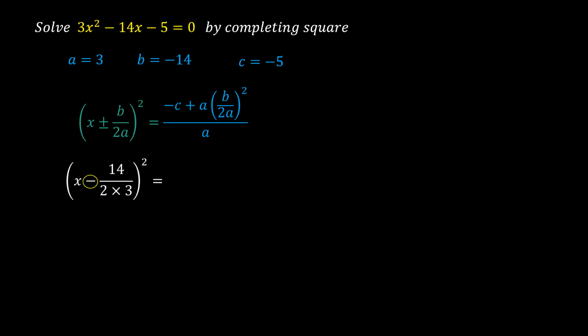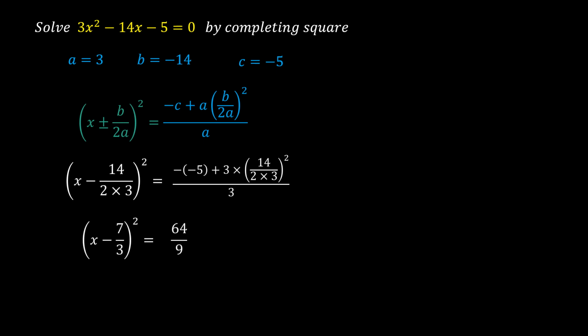On the right side, I put negative here since the first sign is negative, so you should put the first sign directly. After substitution, it is negative c, which is negative negative 5, plus 3 times (14 over 2 times 3)² over 3. Now if I calculate, the right side is 64 over 9, and on the left side 14 divided by 2 times 3, which is 6, after simplifying is 7 over 3.